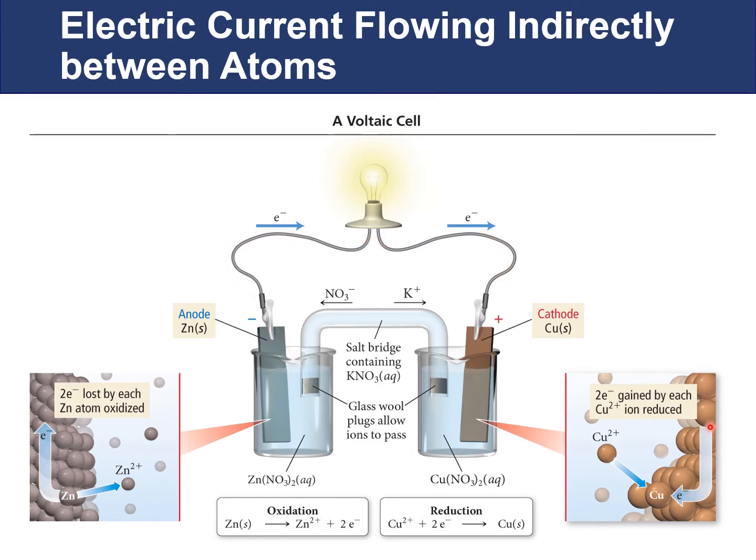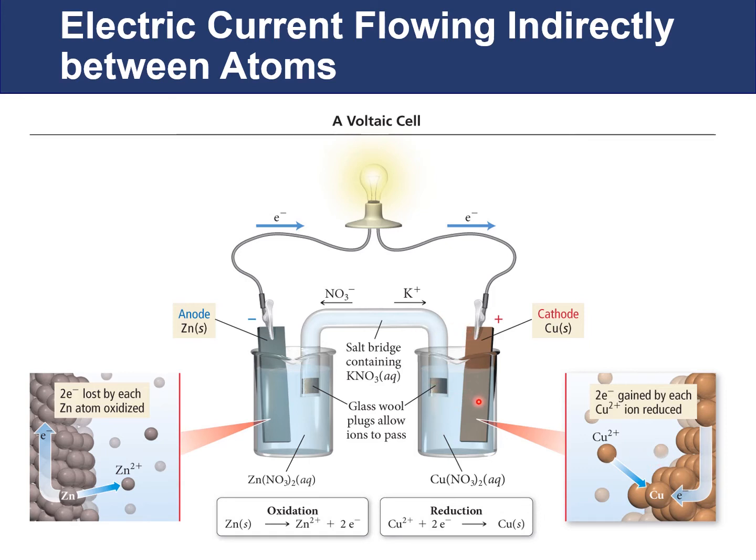Those electrons then will react with your copper 2 plus ions that are coming into contact with the cathode. So the electrons will flow into that copper ion, causing it to plate onto the cathode. So the cathode will grow in size in this particular reaction, but not necessarily always. In this particular reaction, the cathode will grow in size as more and more copper gets plated onto the copper electrode.